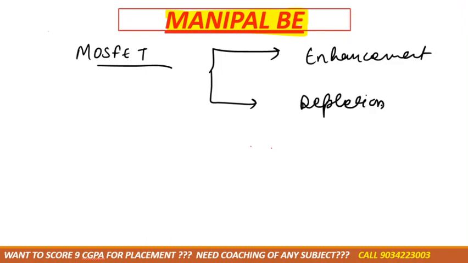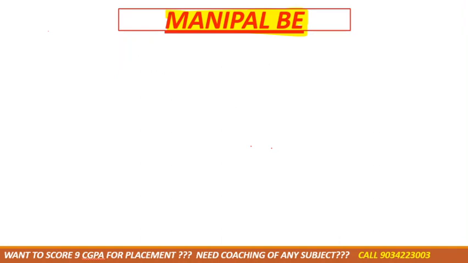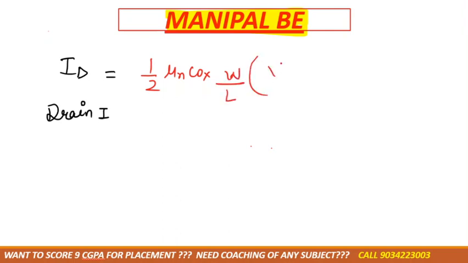Got it? Now see, first of all, the formulas based on MOSFET. Generally you will use ID, which stands for drain current, is equal to half into mu n COX W by L into (VGS minus VTH) whole square. What is VGS over here?